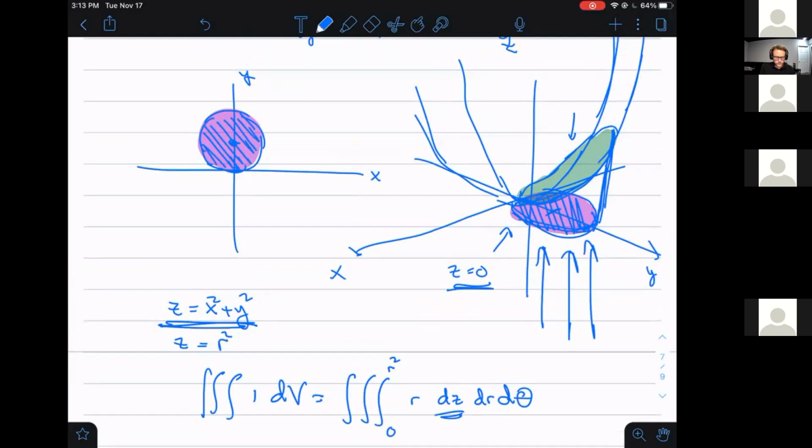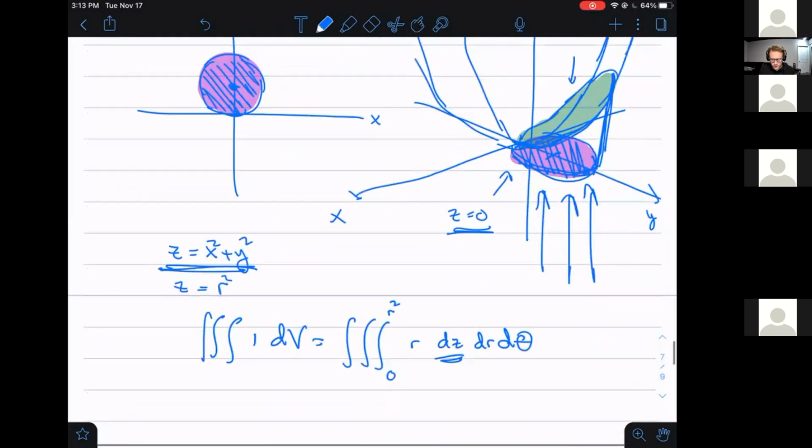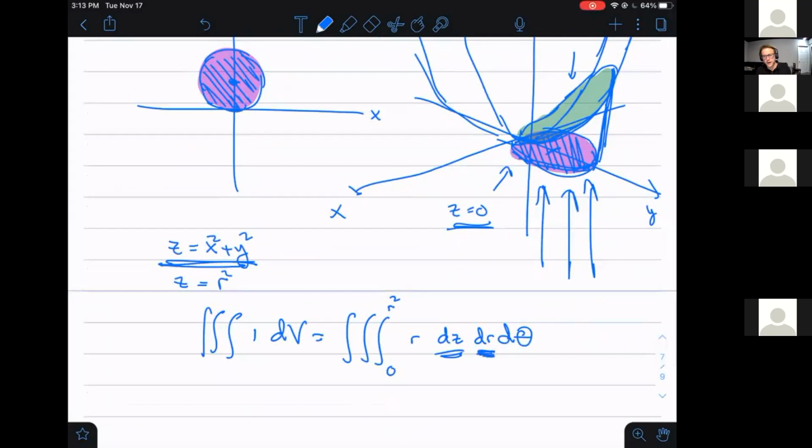So now we're here, and again we're thinking in terms of r's and thetas. How do we enter this region and how do we exit this region? The next one up is maybe r.